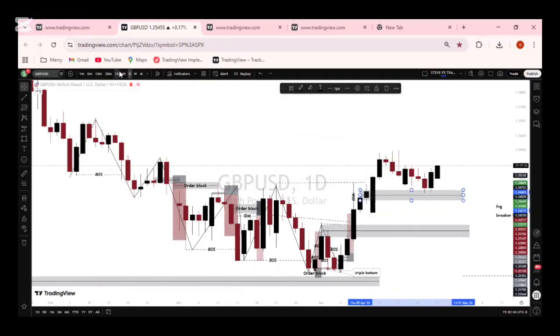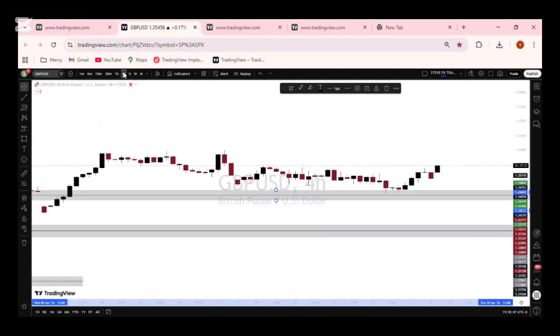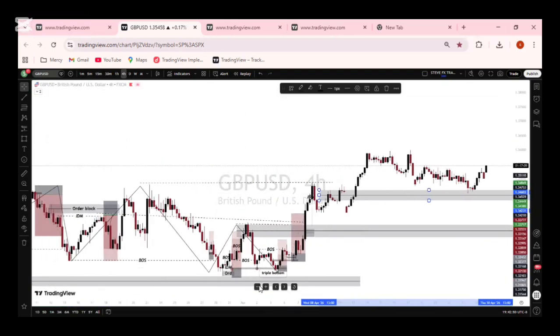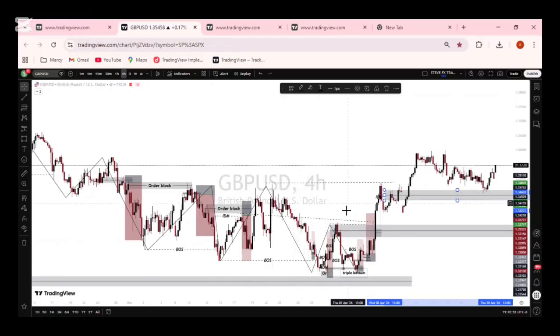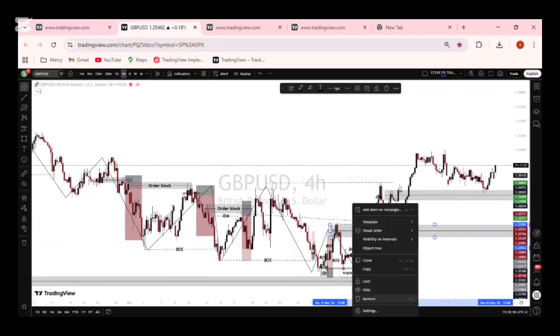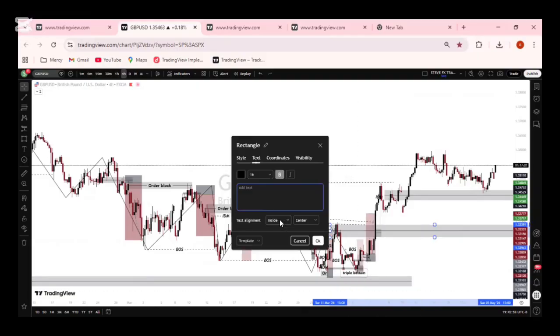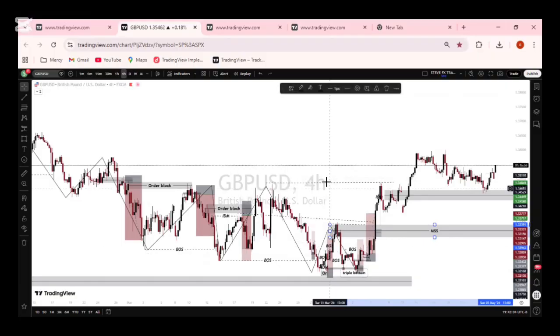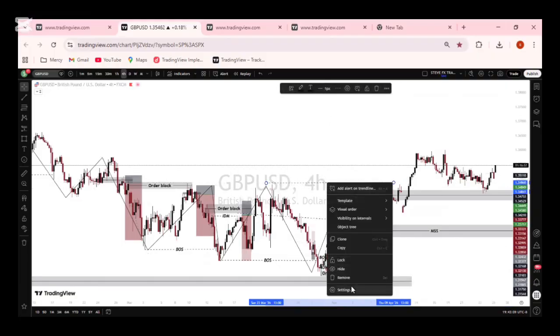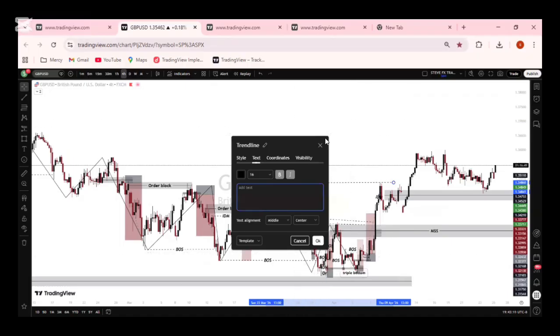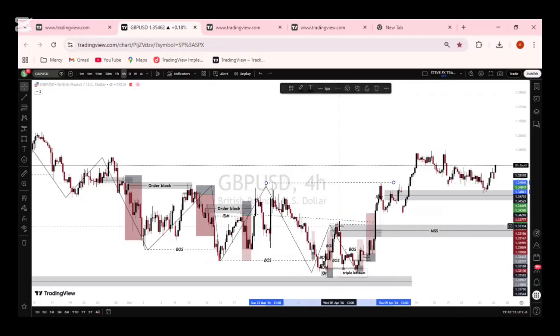So now when we go to our lower time frame, so this was our market structure shift. We know that the current direction is bullish, and we have what here.